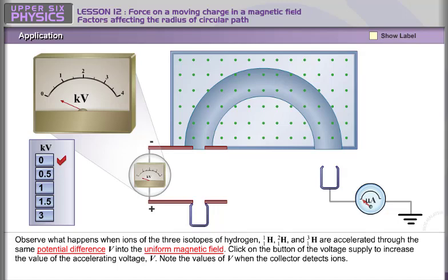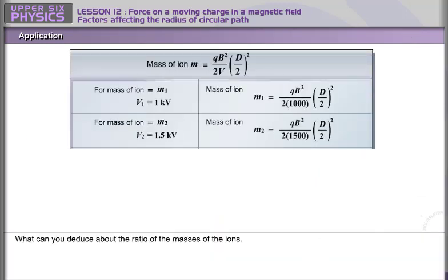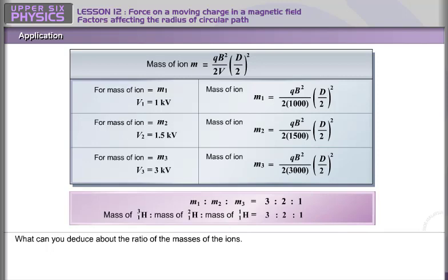Click on the button of the voltage supply to increase the value of the accelerating voltage V. Note the values of V when the collector detects ions. What can you deduce about the ratio of the masses of the ions?